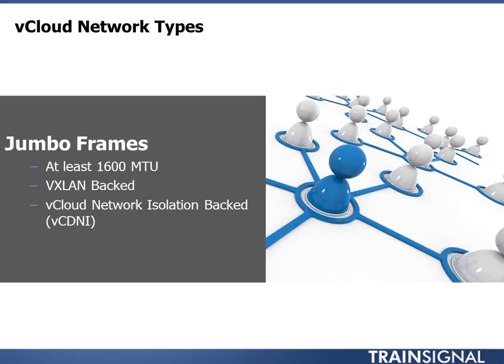Otherwise, you'll get what's called IP fragmentation. And this just means if it can't fit the entire payload into the MTU size of the frame, so let's say you're trying to send 1600 bytes of data, but your MTU is set to the standard 1500 bytes, there's 100 bytes of data that won't fit.